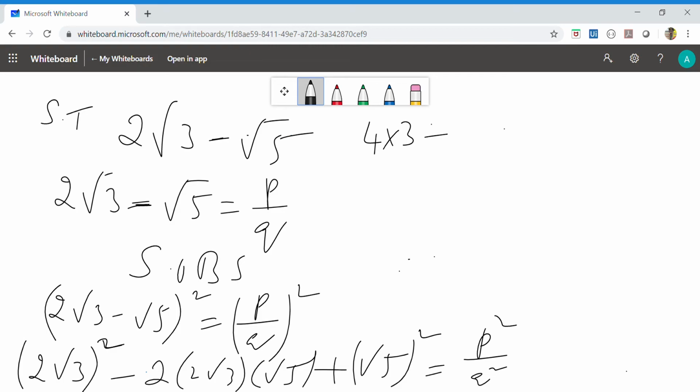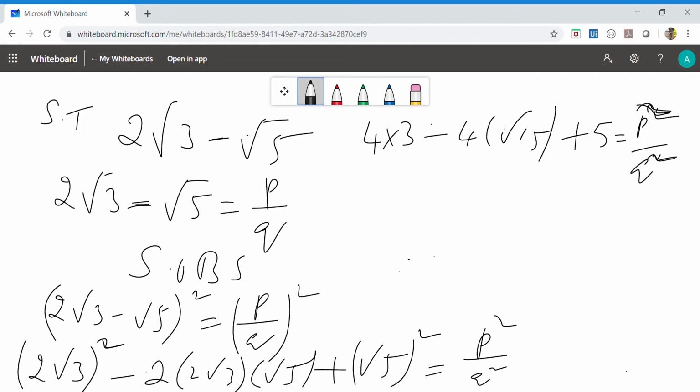So rationals: 2 twos are 4, and irrationals: root 3 into root 5 is root 15, plus root 5 whole square is 5, is equal to P square by Q square. Then 12 plus 5 is 17. 17 minus 4 root 15 is equal to P square by Q square.